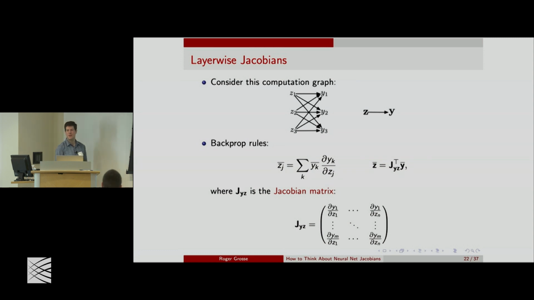And if you write this in vector form, it's exactly the Jacobian for that layer transpose times the output error signal. So basically, each step of backprop is multiplying by the transpose of the Jacobian matrix for that layer of the network. And this is the Jacobian matrix of y with respect to z, so it's the Jacobian for a single layer of the network.